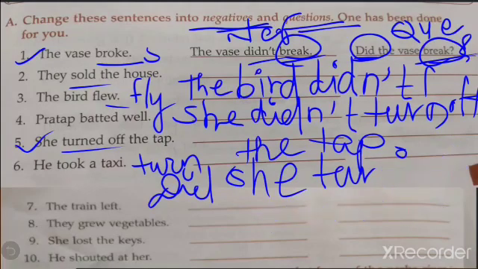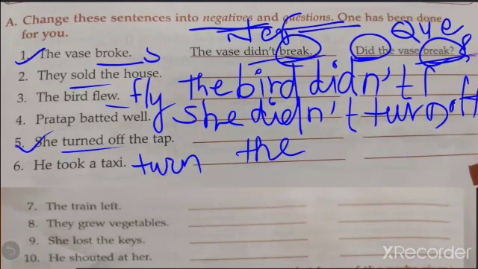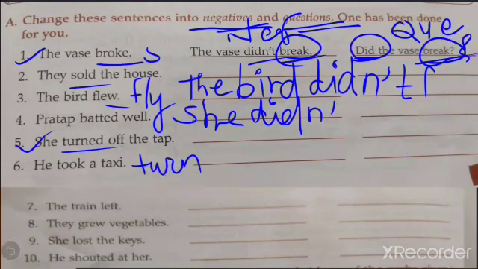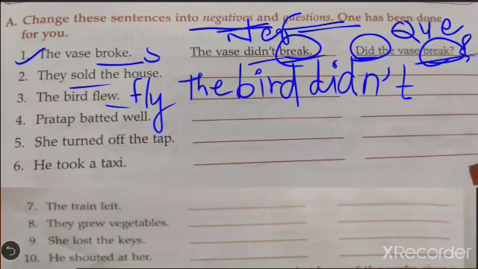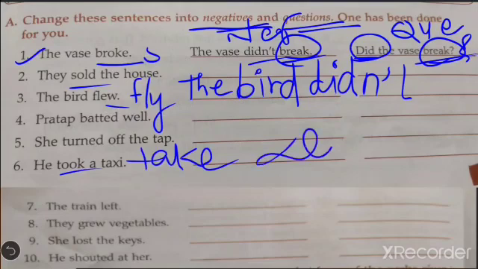He took a taxi. Now took is the past form of take. So here, make a sentence yourself. Took, take. He didn't take a taxi. And in a question sentence, your question starts with did.